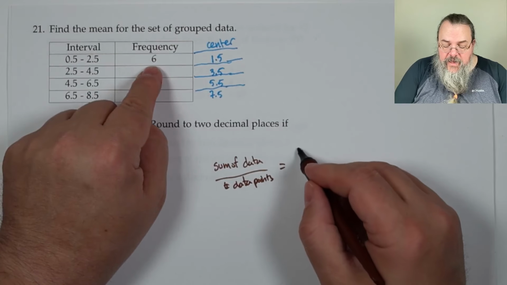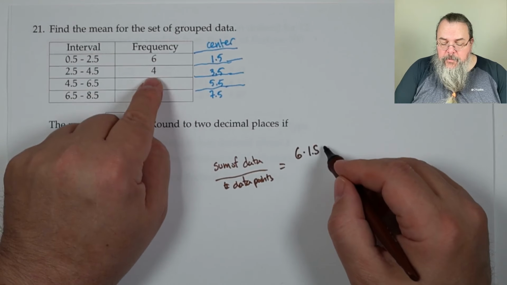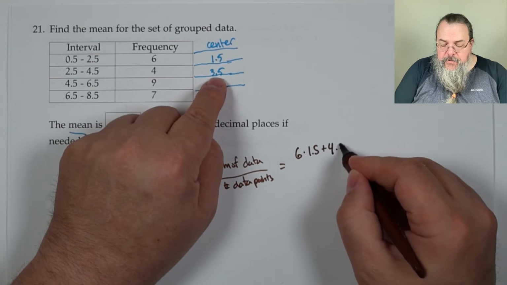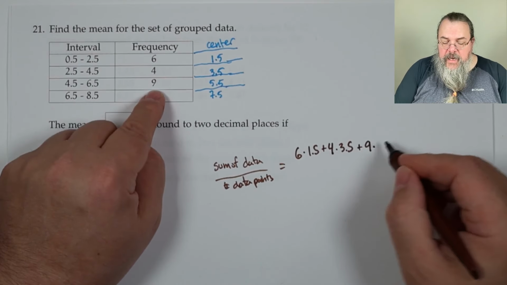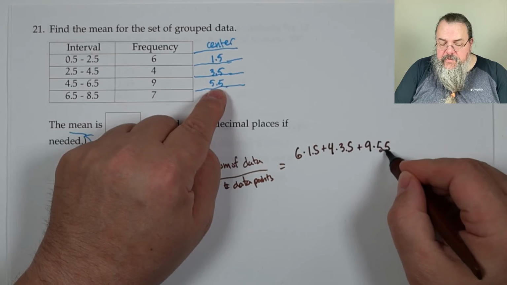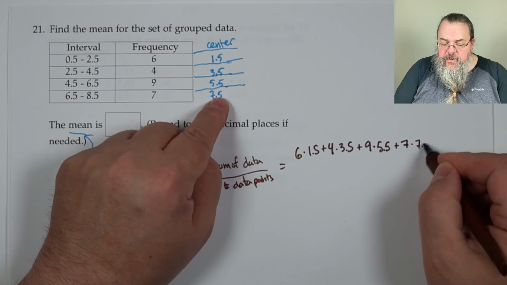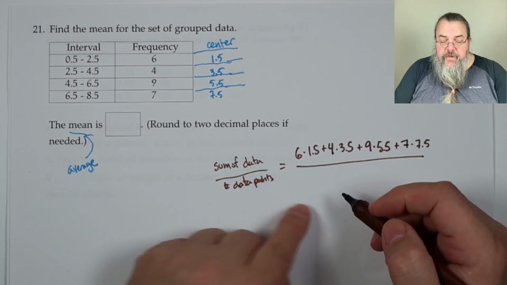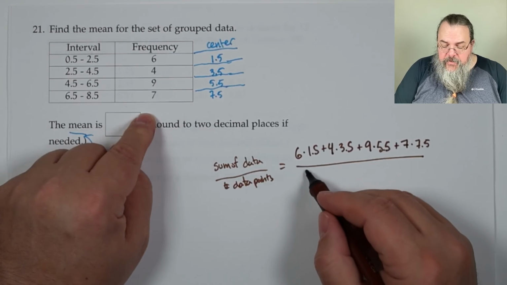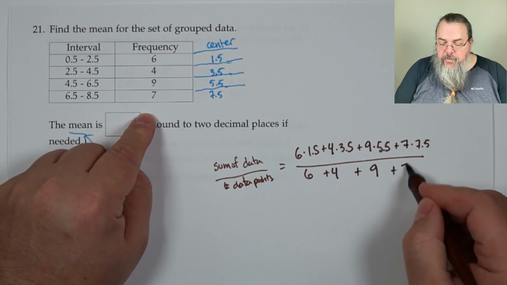So it's going to be 6 times 1.5 plus 4 times 3.5 plus 9 times 5.5 plus 7 times 7.5. Now downstairs, what's the number of data? You add these numbers up. The 6 plus the 4 plus the 9 plus the 7.